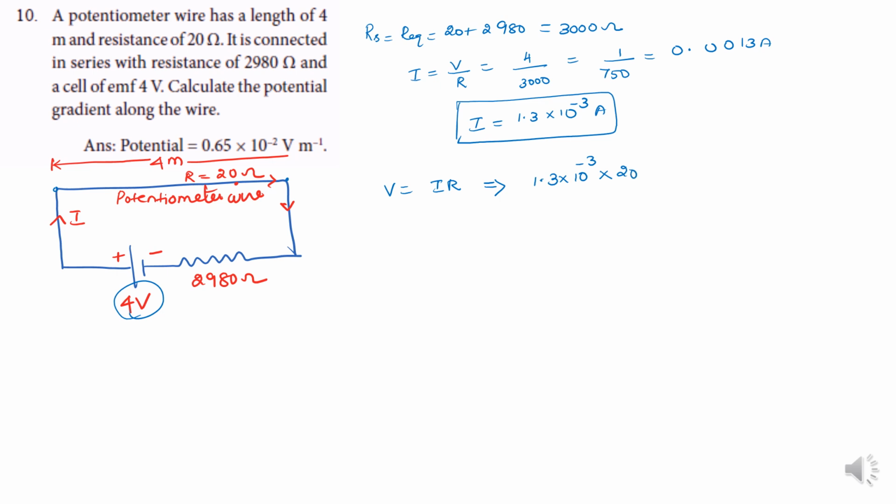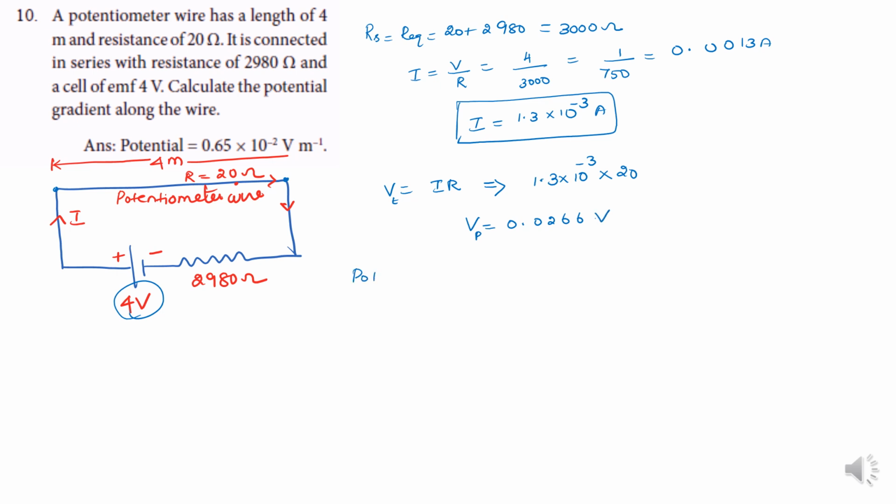V is the potential difference between the ends of the potentiometer wire, so V along the potentiometer wire is 0.0266. This is the potential difference between the ends of the potentiometer wire.